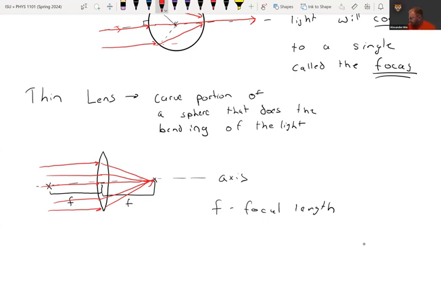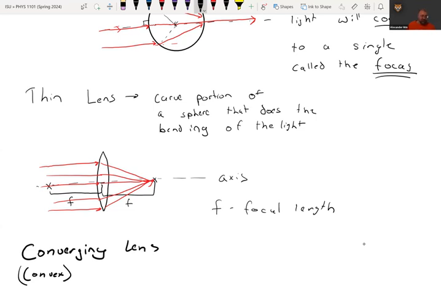Now, a couple of things I want to talk about that come up with these thin lenses. By the way, this type of lens right here is a converging lens. You'll also sometimes see these called convex lenses, because the surfaces are convex. Now you can have one surface be convex and one surface be flat.